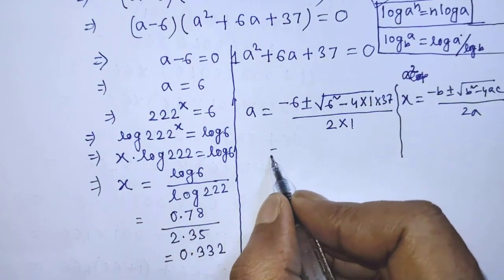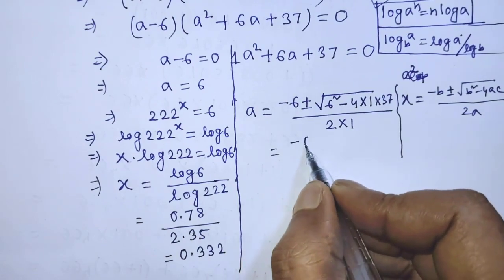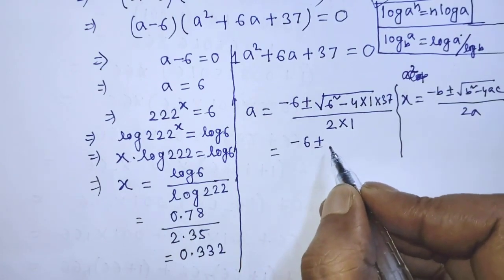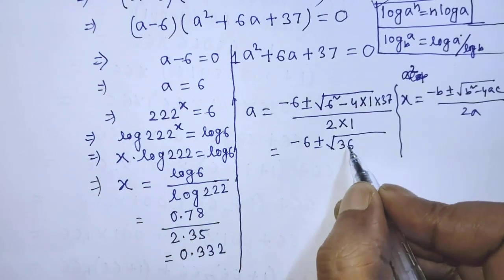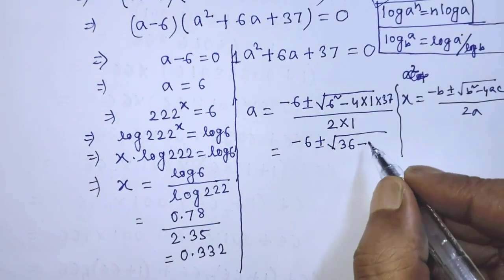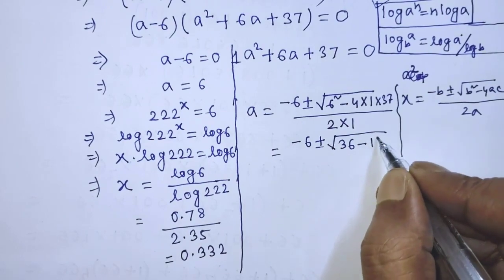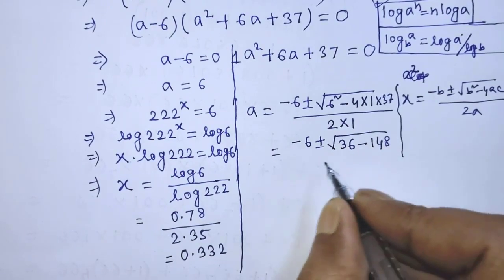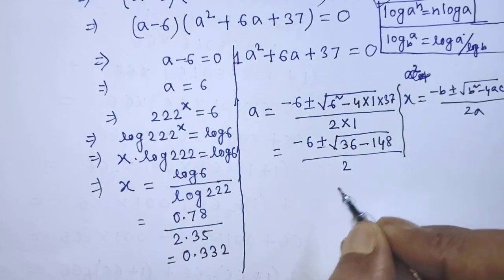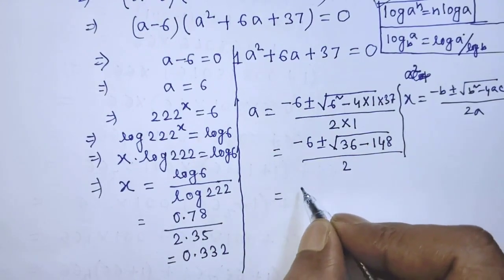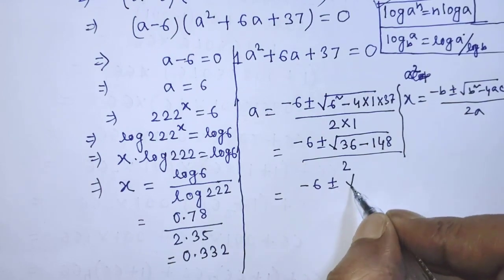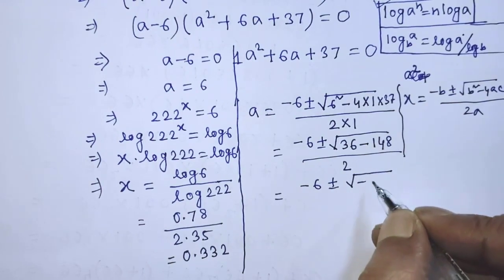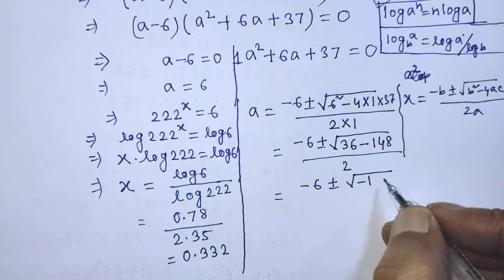So it will be -6 ± square root of (36 - 148) over 2. It will be -6 ± square root of -112 over 2.